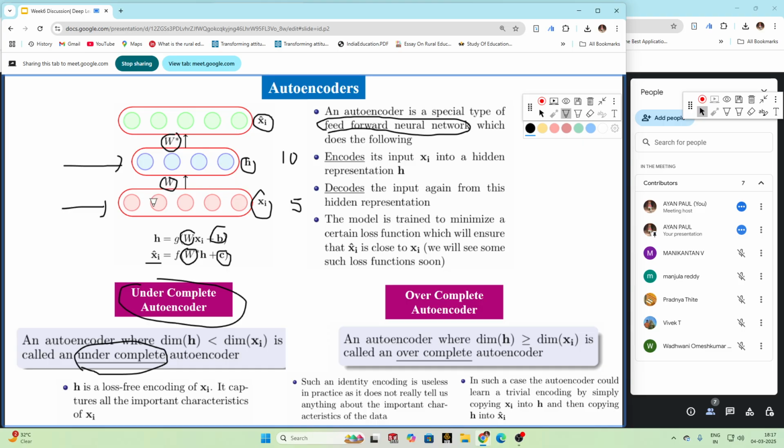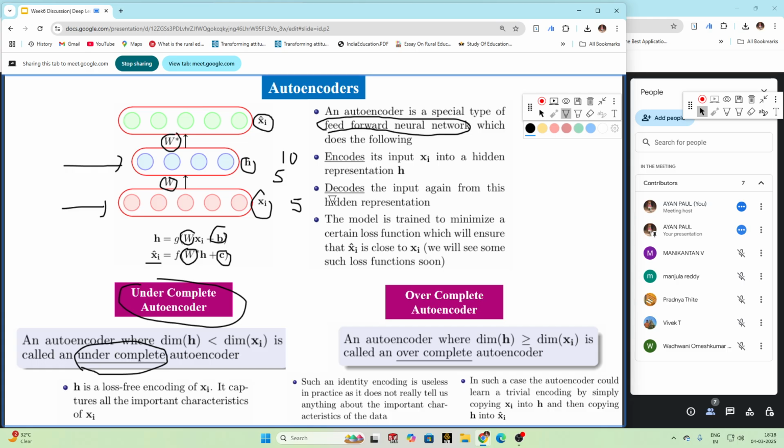What will happen? We will just copy the identity function, or we will copy the input of 5 neurons in these 5 neurons of the encoding layer, and 5 will remain vacant.